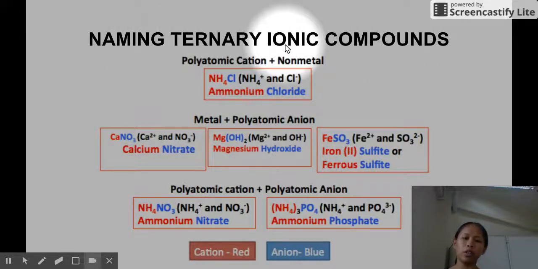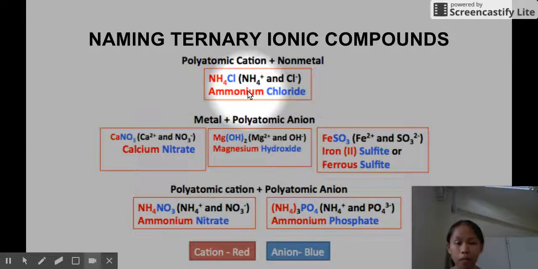When you name ternary ionic compounds, again, you need to refer to your list for the polyatomic ions. For this example, NH4Cl, from your list of ions, NH4 plus is named ammonium, so ammonium's name is retained.